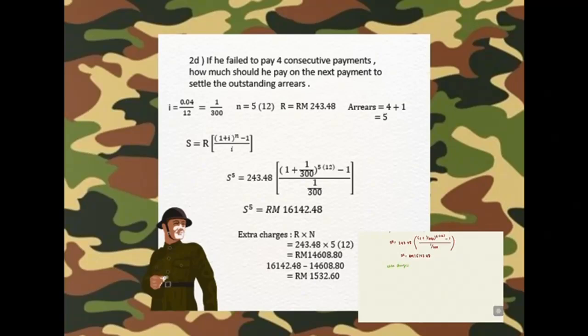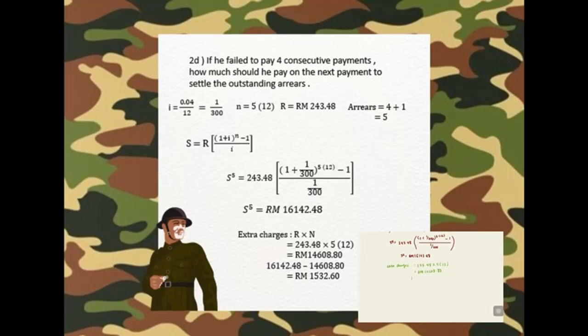To find the extra charge that he need to pay or the bank earn is R that refer to the periodic payment times by N that's referred to the term of the investment. So 243 and 48 times by 5 open bracket 12 and close the bracket. The answer will be 14,608 and 80 cents.